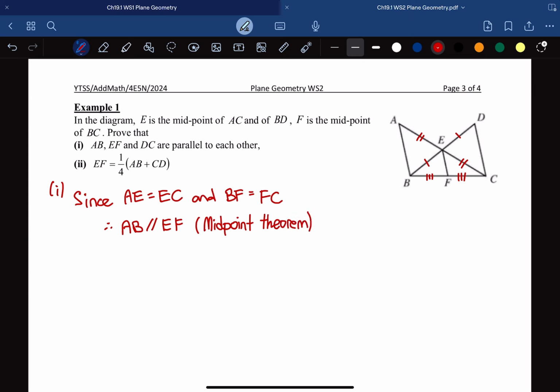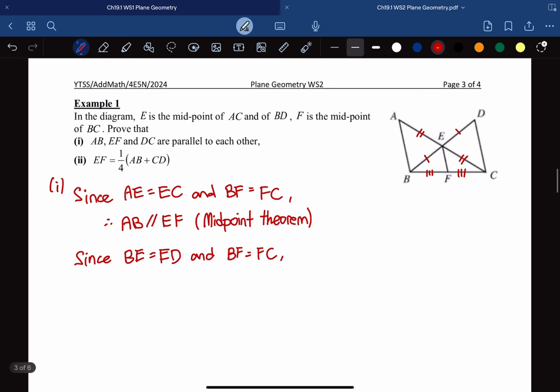Next part, I will look at this triangle instead. Once I look at this triangle, I know that E is the midpoint of BD, F is the midpoint of BC. So therefore, since BE is equal to ED and BF is equal to FC, the next conclusion I can draw is that therefore EF must be parallel to DC. This is also by the midpoint theorem. Okay.